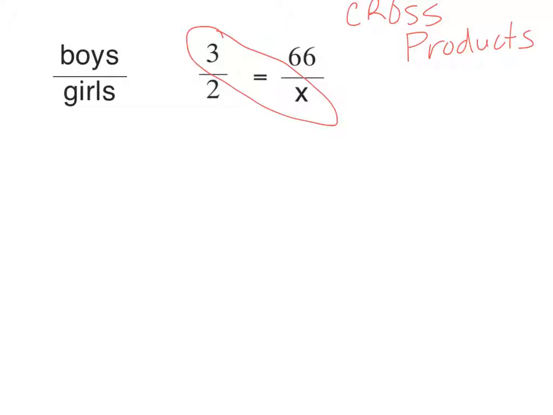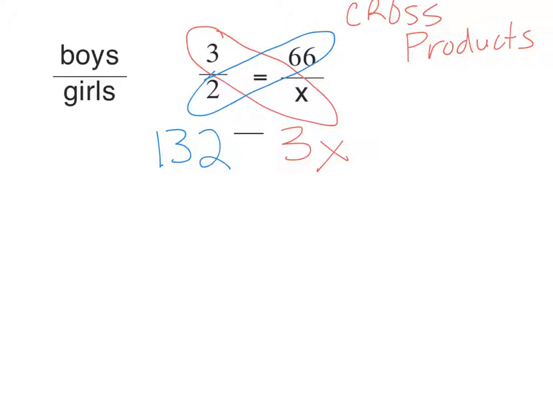So 3 times x is 3x. And then we're also going to multiply 2 times 66, which is 132. Those two cross products are going to be equal.